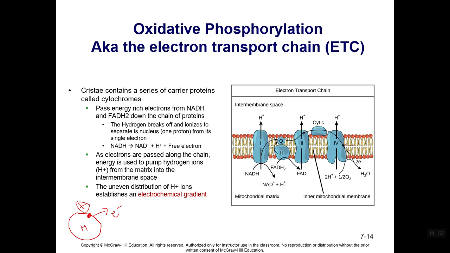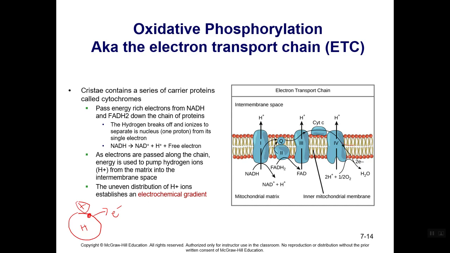As the electrons are passed down this chain, hydrogen ions are going to be pumped across our inner mitochondrial membrane. You can see that here, the little lines showing hydrogen ions going to the other side. That probably sounds pretty familiar, I hope, because we talked about it in photosynthesis.